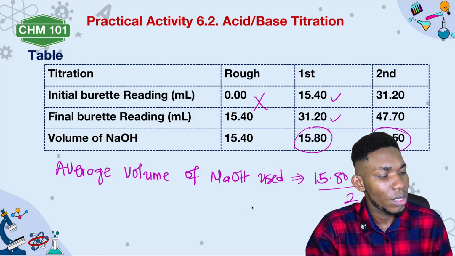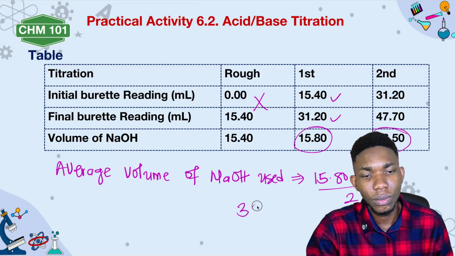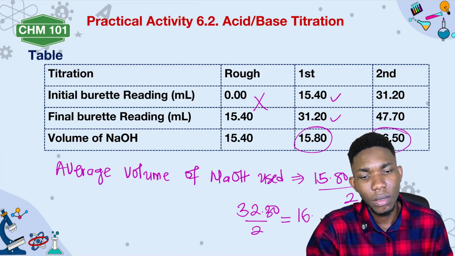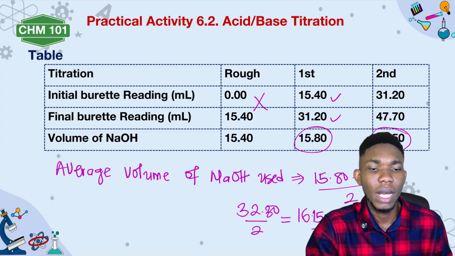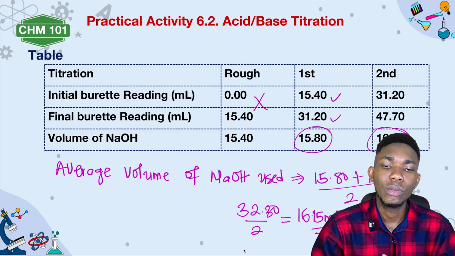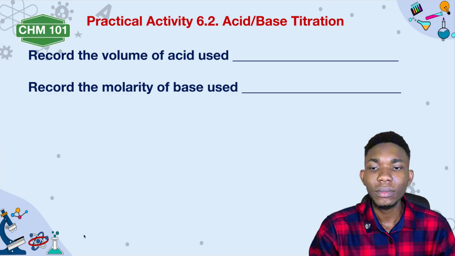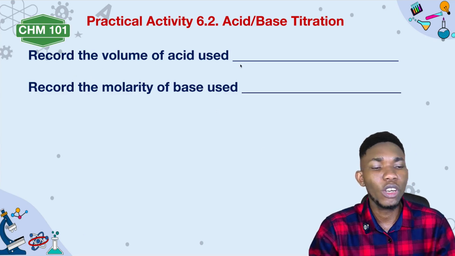And this will give us 32.30 divided by 2, which gave us 16.15 ml. All right? So this is the average volume of sodium hydroxide used, 16.15 ml. Is that okay?